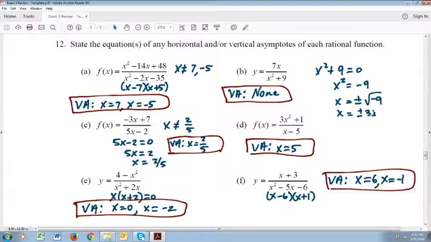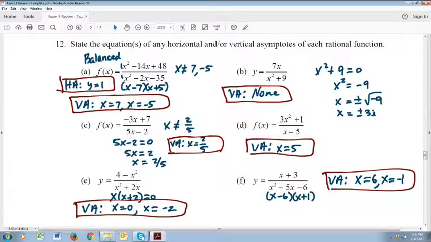There were 3 cases. So if you look at letter A, here you have x squared as your leading terms. So these both have the same degree, the numerator and denominator. And so we say this one's balanced. In that case, we just take the coefficients of the leading terms. So 1 over 1. So y equals 1 over 1, which is just 1.